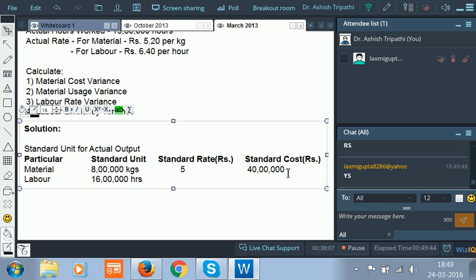Standard rate for labor is 6 per hour. So 16 lakh into 6 will give you 96 lakhs.